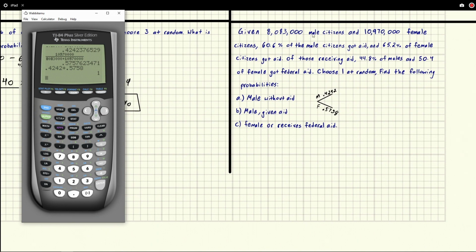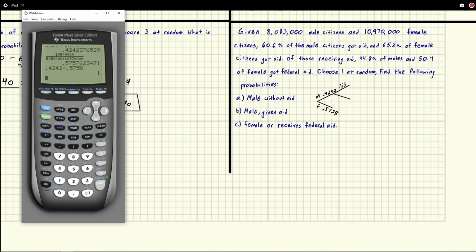We have male and female. Then after that, we've got male citizens that get aid, which means that there are male citizens that did not get aid. So we're going to call this aid, and male citizens that did not get aid. I'm not going to write it in. I'm going to leave that space for a number, but this is the not aid category.